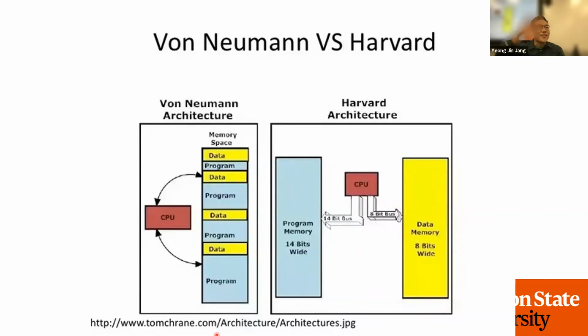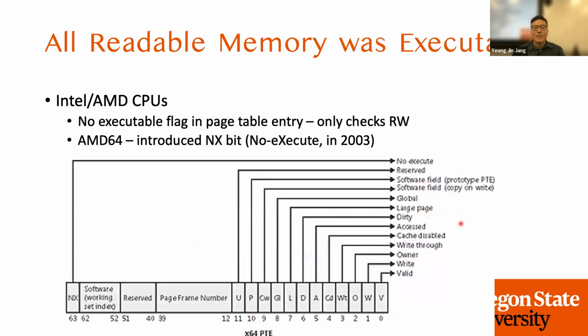Don't care about program and data separation. But later they realized that. So both Intel and AMD CPUs at the same time changed their page table entry. The page table entry is something that we use for checking the privilege of memory. You will learn more about this if you take CS444 Operating Systems II that I teach.